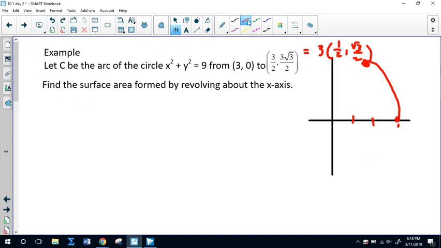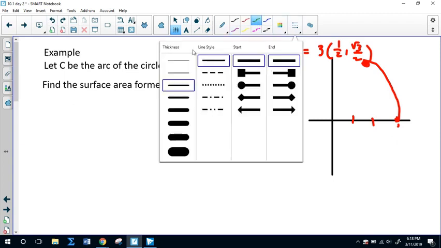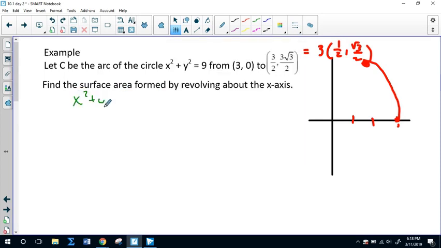Okay, so now let's integrate this. Set it up, I guess. So I need to rewrite x squared plus y squared equals 9 with the 1 on this side over here. So this becomes (x over 3) squared plus (y over 3) squared equals 1. And then just like we did on the last problem, I'm going to let x over 3 equal cosine and y over 3 equal sine.